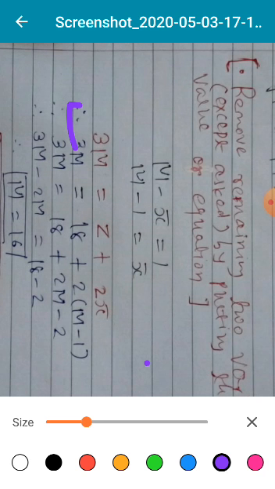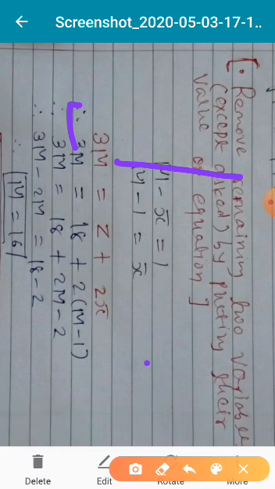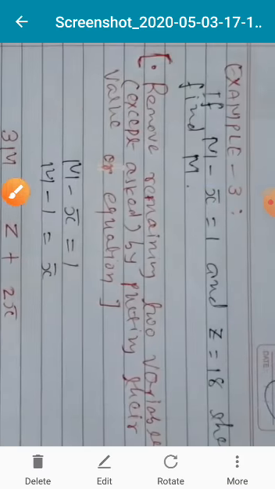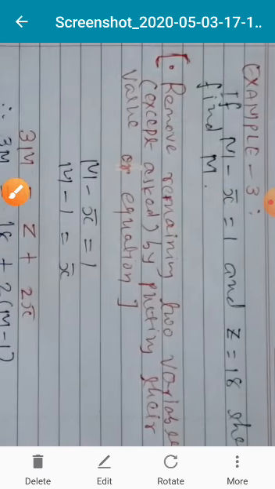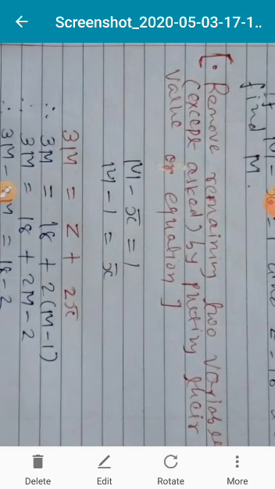Now x bar's value is not given, but we can find an equation for x bar. So m minus x bar equals 1, so m minus 1 equals x bar. So the equation of x bar is prepared and then it is placed in the formula.